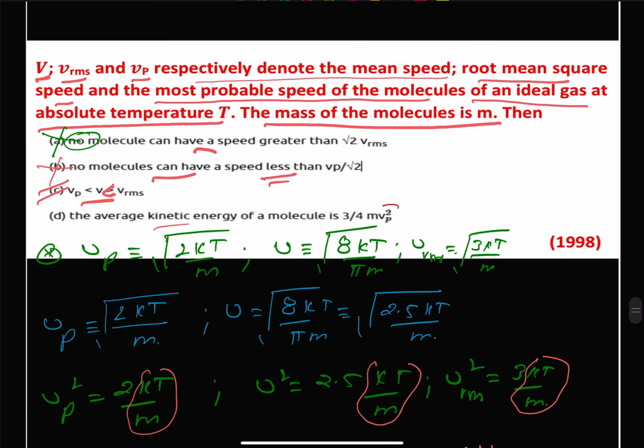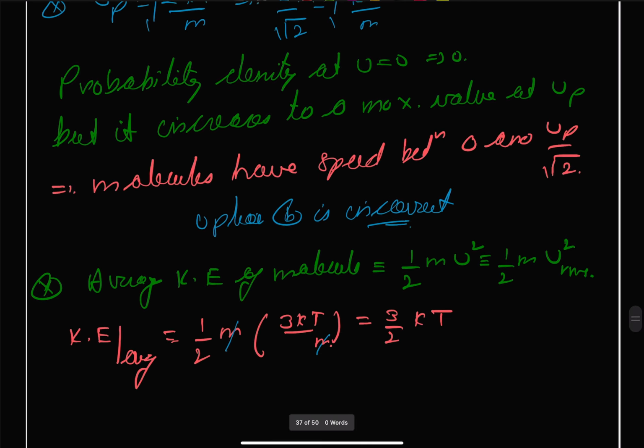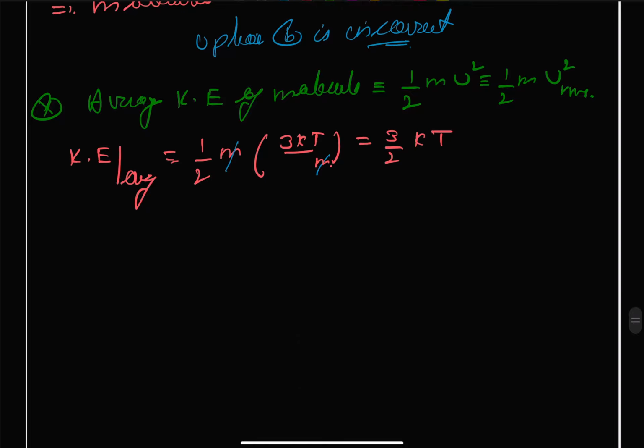We have to find this in terms of Vp, so we can use the equation for Vp. We can say Vp square is equal to 2kT by m. So this gives us kT equal to Vp square m divided by 2.